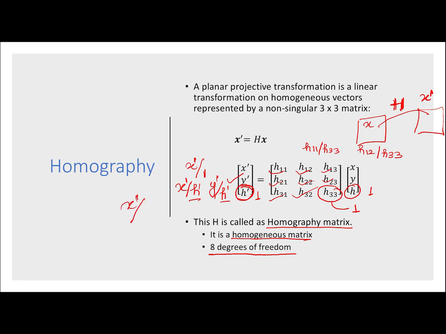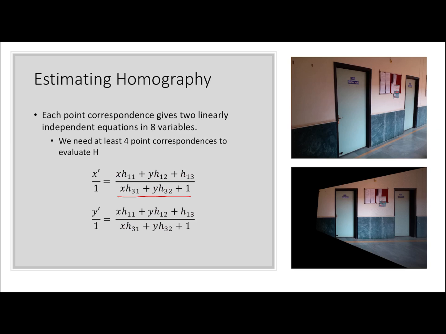Since h is 1, it can be written as x h11 plus y h12 plus 1 h13. So I will divide the first by the third to get the values of x and the second by the third to get the values of y. So in homogeneous form, this homography matrix can be written like this.